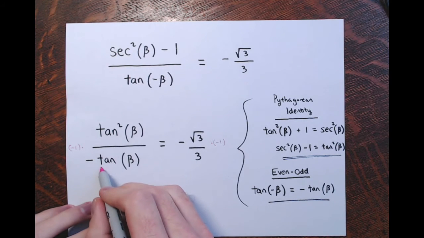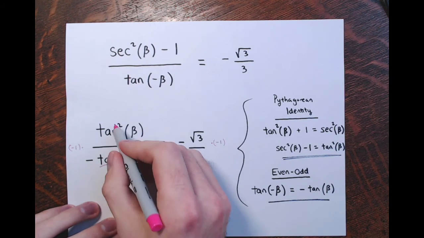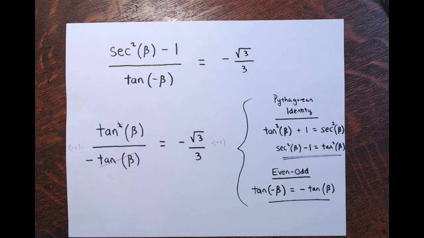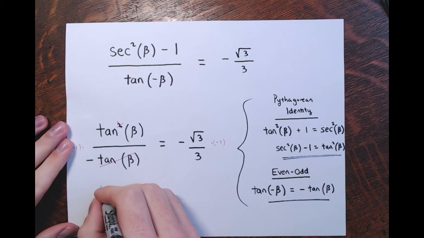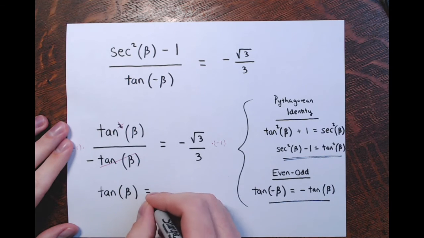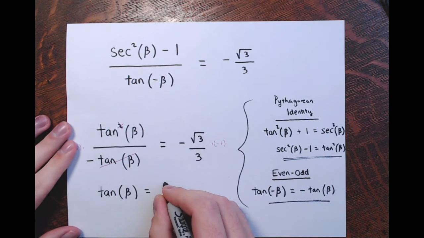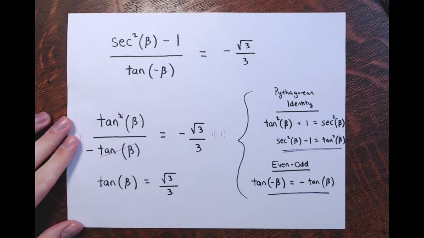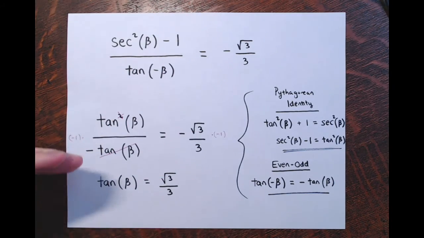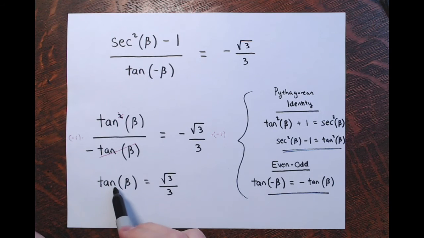And then I'm noticing a factor of tangent in the denominator and two factors of tangent in the numerator, so one of those will cancel. And after doing those, I'm left with just tangent beta on the left equals positive square root of 3 over 3 on the right. So we've taken this crazy looking equation and through some use of identities, transformed it into a much simpler linear equation with just tangent now.